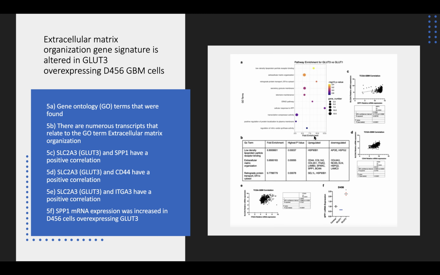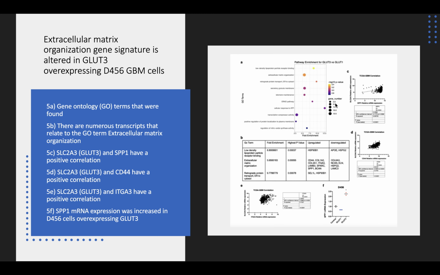On the x-axis, one may notice the fold enrichment, which is between 2.5 and a little bit over 12.5. The colors indicate the negative log 10 of the p-value, while the size of the dots represents the gene number.